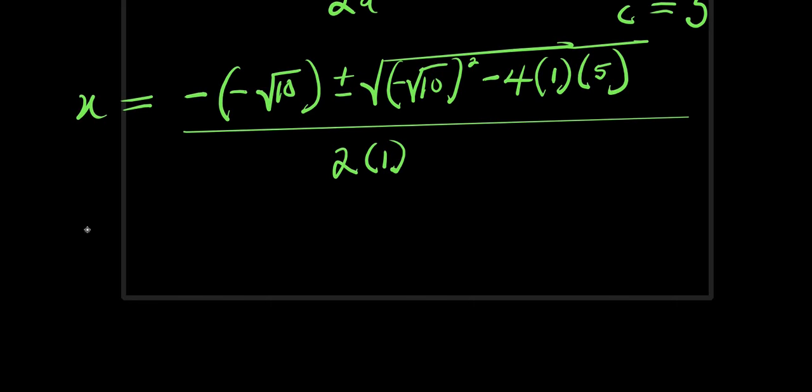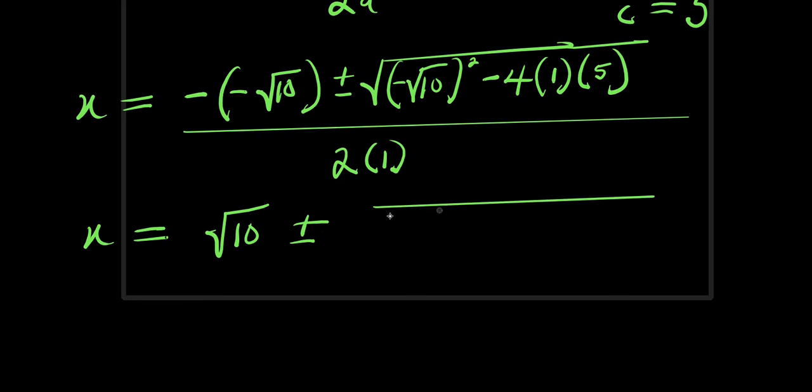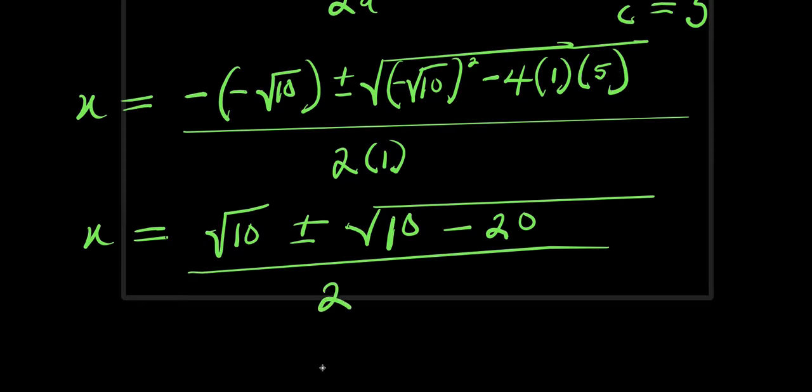So from here, x equals root 10 plus or minus the square root of, negative raised to the power of 2 is positive, and the square root raised to the power of 2 will cancel out, so this is 10 minus 20, 4 times 1 times 5 is 20, divided by 2.